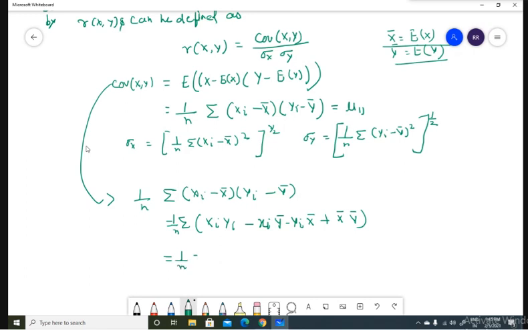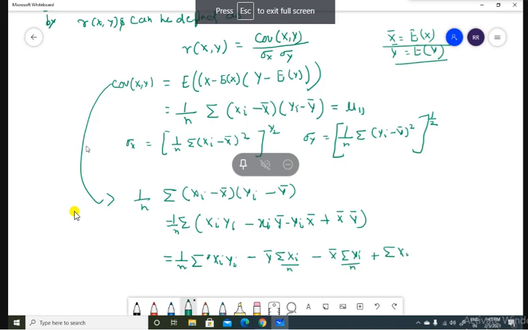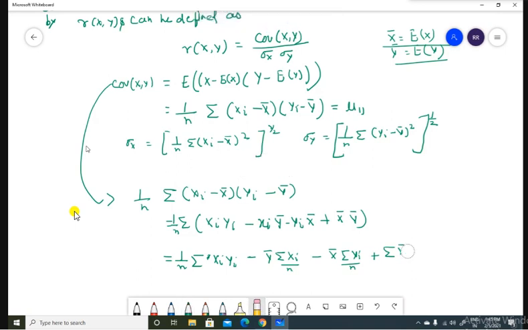If you do some manipulation, it can be expressed as y bar summation of xi upon n, x bar summation of yi upon n, plus summation of x bar y bar upon n.